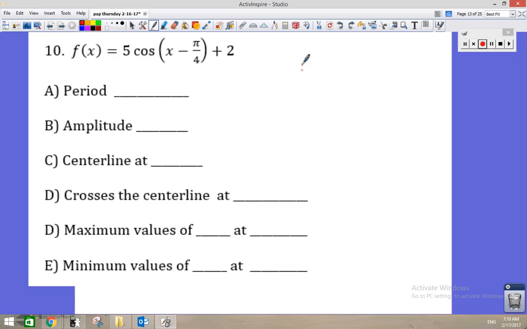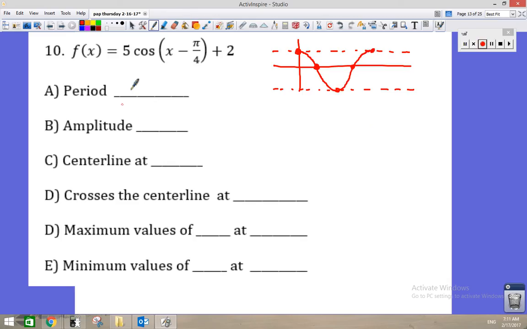Here we have the cosine. We don't have a reflection this time, so the reflections kind of make you pause and have to think a little bit. When you don't have them, your knowledge of the basic sine and cosine curve can make answering these kind of fast if you know what to look for.